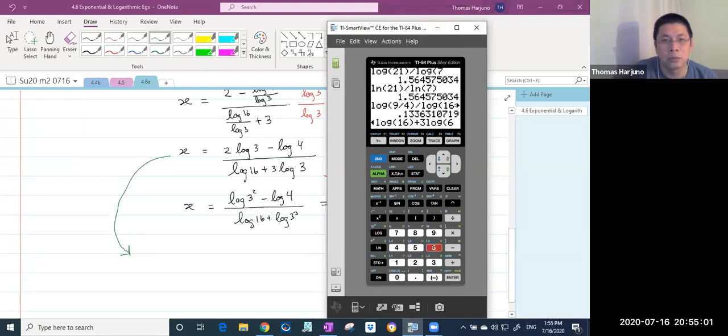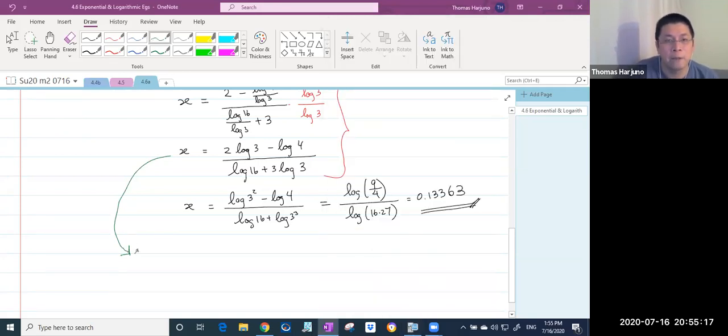Oops, not 6, 3. Close the 3, and then close the grouping on the denominator. So you see that we get the same answer, right?